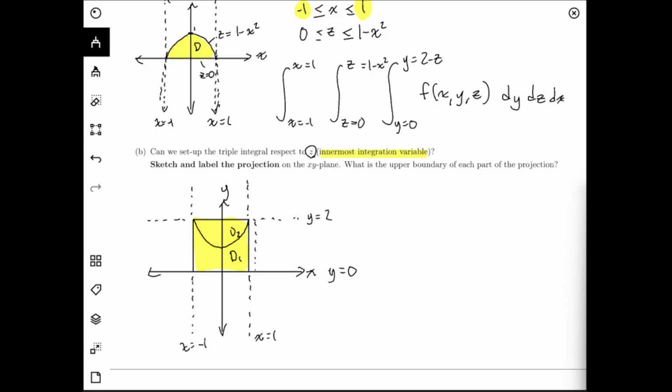Instead, we use x as our variable. We're going to go from negative 2. And for y it ends up being very simple, right? We went from 0 to this equation.